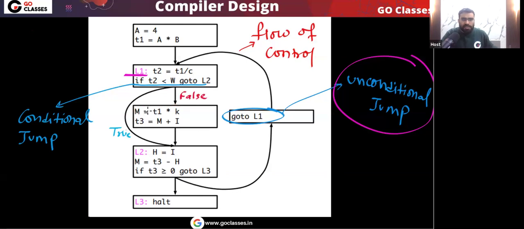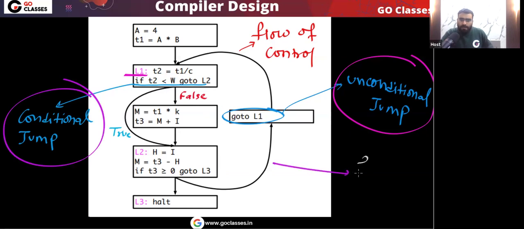Again, these edges indicate the flow of control. I hope you understood. Very simple: every edge indicates flow of control.